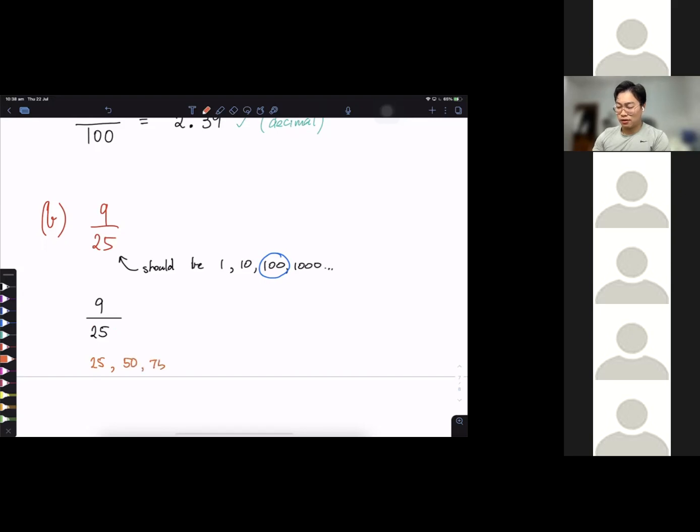If you add another 25, that's 75. If you add another 25, that's 100. So you see that's 1, 2, 3, 4 times. So if you go 25 times 4, what you do to the bottom, you do to the top. And that's equal to 36 over 100.